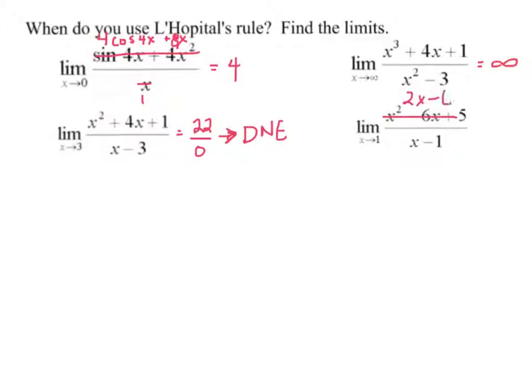Derivative at the top, derivative at the bottom. I plug in 1, and I get negative 4. Please bear in mind that with L'Hopital's rule, you should rewrite it with a limit statement. For instance, saying the limit as x approaches 1 of 2x minus 6 over 1 equals negative 4. I'm just doing this in shorthand for the sake of time.